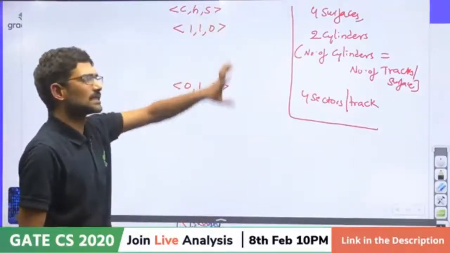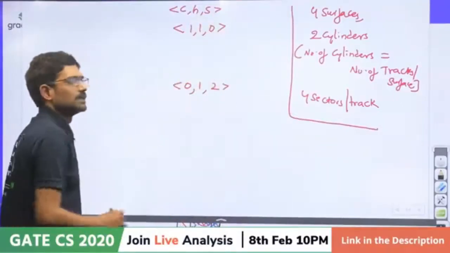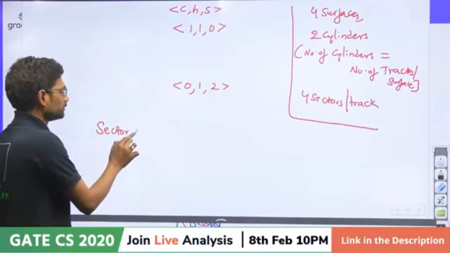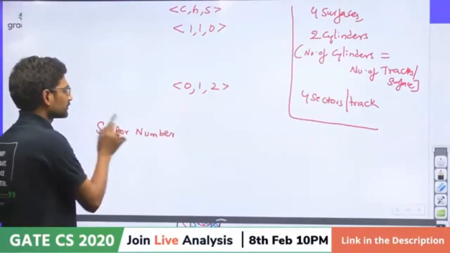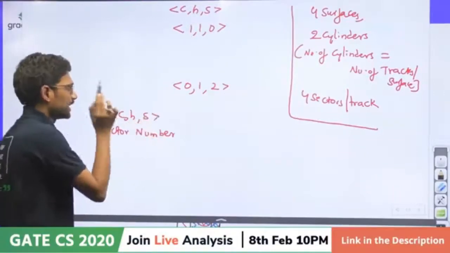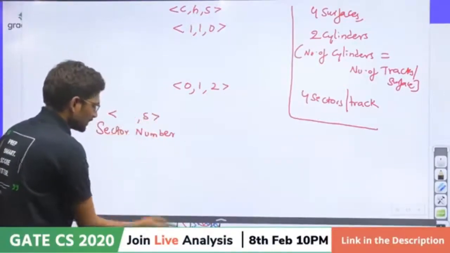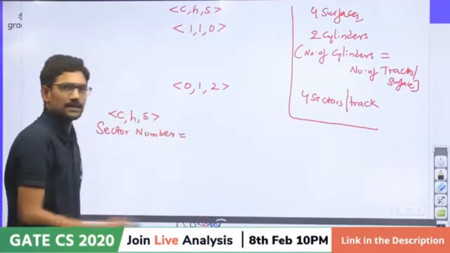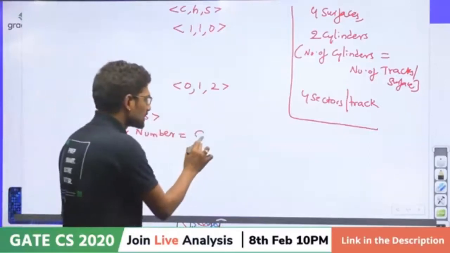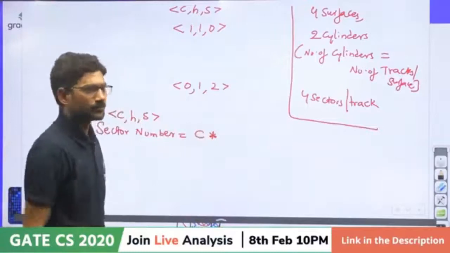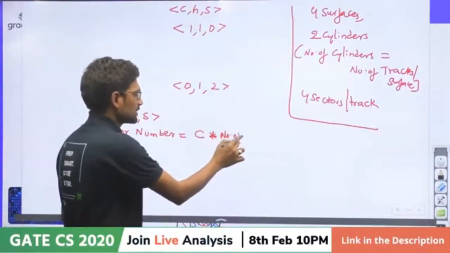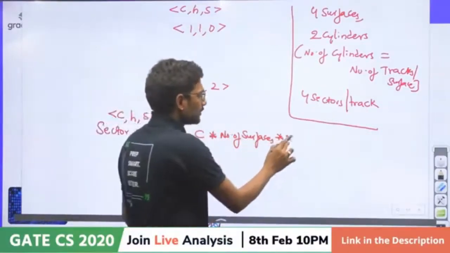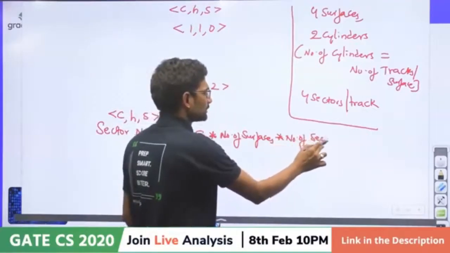You are supposed to find out what is the sector number for it. So how do we find it? There is a formula, guys. Please make a note of this formula. When CHS is given, how do we calculate the sector number? Sector number is equal to, please make a note, C multiplied by the number of surfaces multiplied by the number of sectors per track.